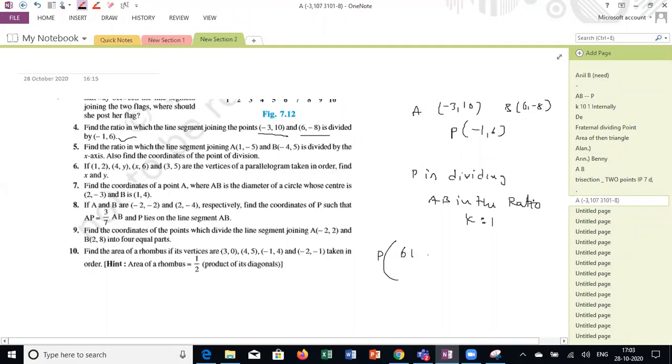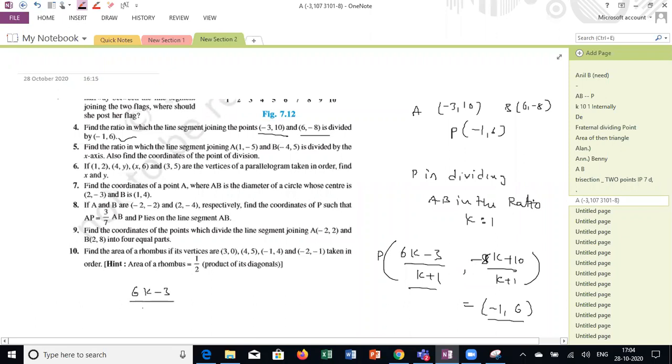If I find it like this: (6k minus 3) divided by (k plus 1), and (minus 8k plus 10) by (k plus 1). But P is already given, that is (-1, 6), so just equate to the given point. So these are the coordinates I got if I assume k:1, but they already gave P as (-1, 6). Equate either the x coordinate or the y coordinate.